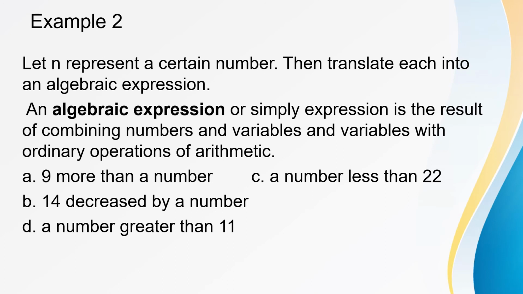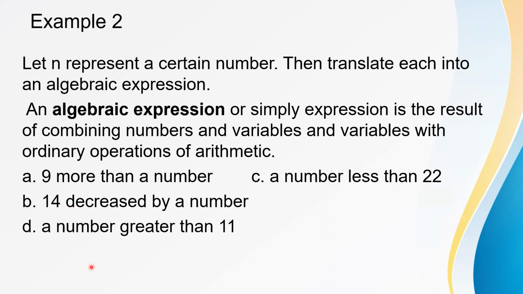Okay, let's have example number 2. Let n represent a certain number, then translate it into an algebraic expression. Now, what is an algebraic expression? An algebraic expression, or simply expression, is the result of combining numbers and variables with ordinary operations of arithmetic.